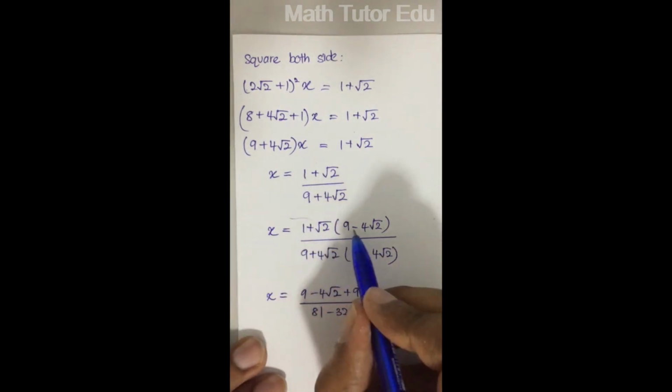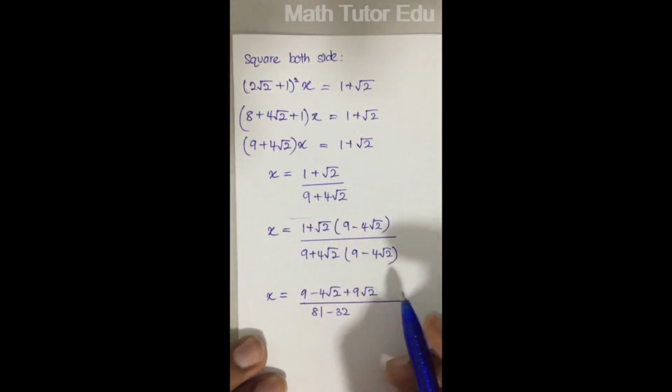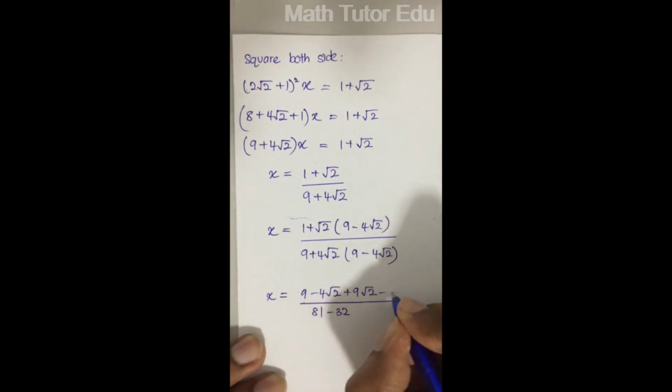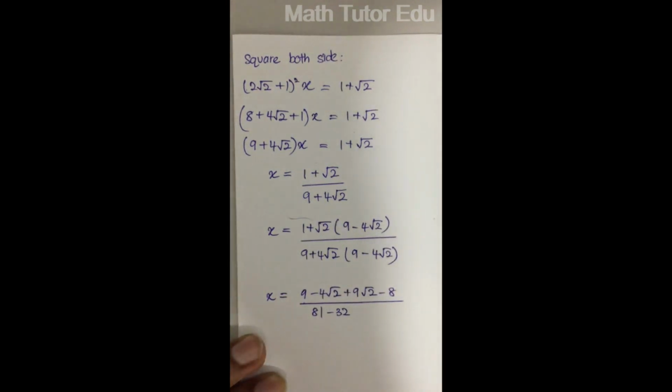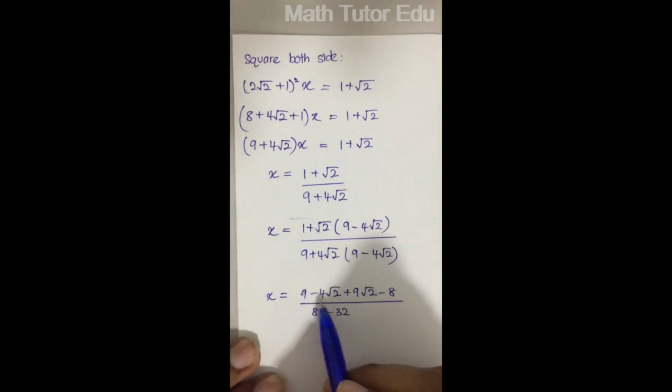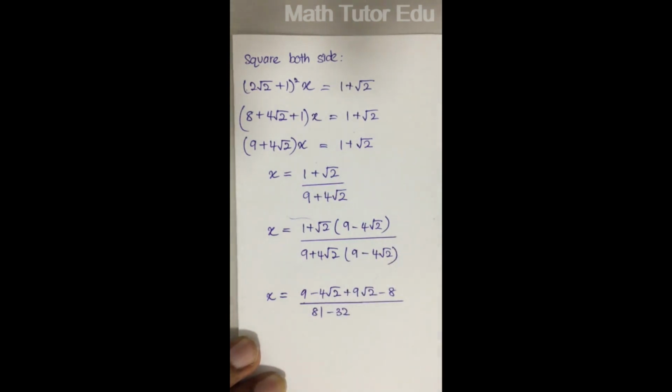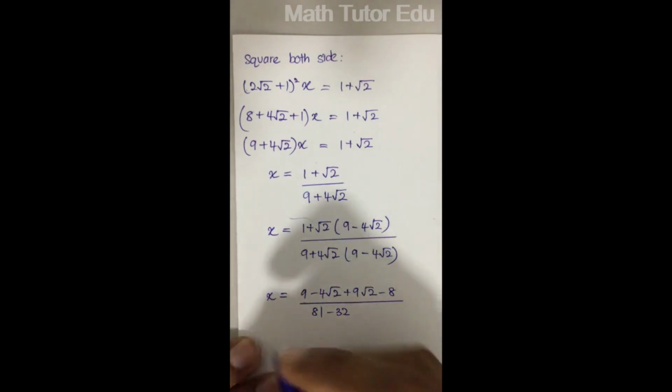Surd 2 times negative 4 surd 2, so from here you get negative 8. So 9 minus 4 surd 2 plus 9 surd 2 minus 8. So negative 4 surd 2 plus 9 surd 2 you get 5 surd 2. Okay, so from here 9 minus 8 you get 1.